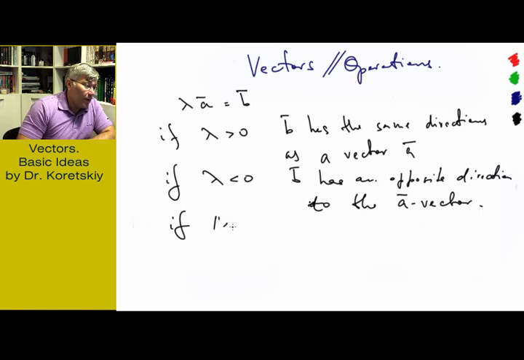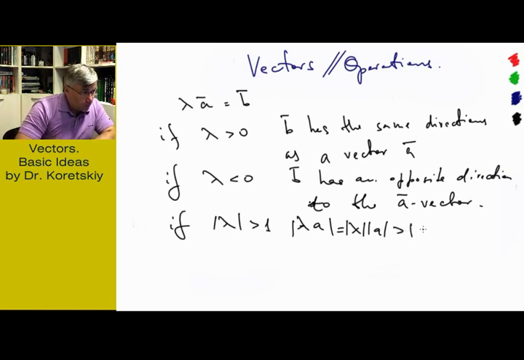If the absolute value or magnitude of lambda is more than 1, the result of multiplication lambda A is superior to the given vector, so it is a kind of stretching of the vector.